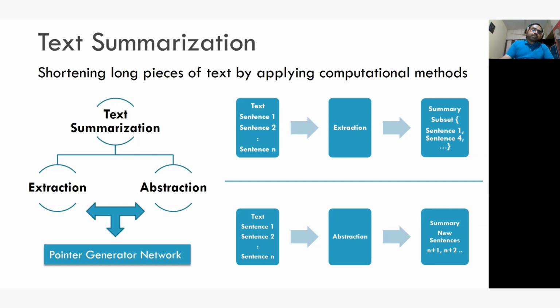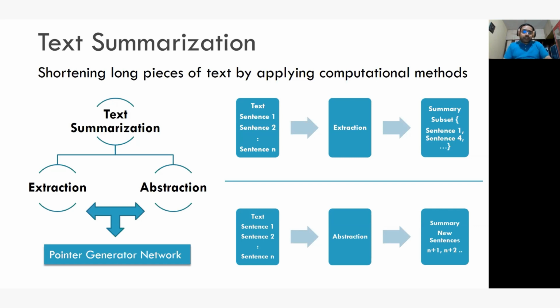So what this pointer generator network does is it extracts the keywords from the text using extractive summarization technique. Then there is a database where you can pick the words, pick the right words or right combination of words to generate the new sentences, which can be clubbed with the pointers.